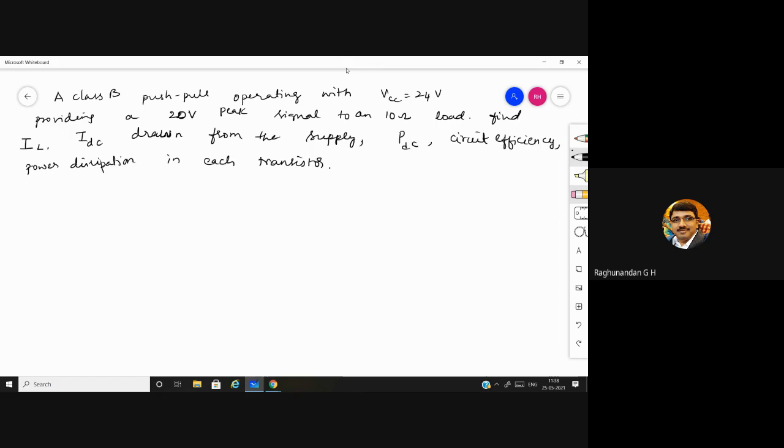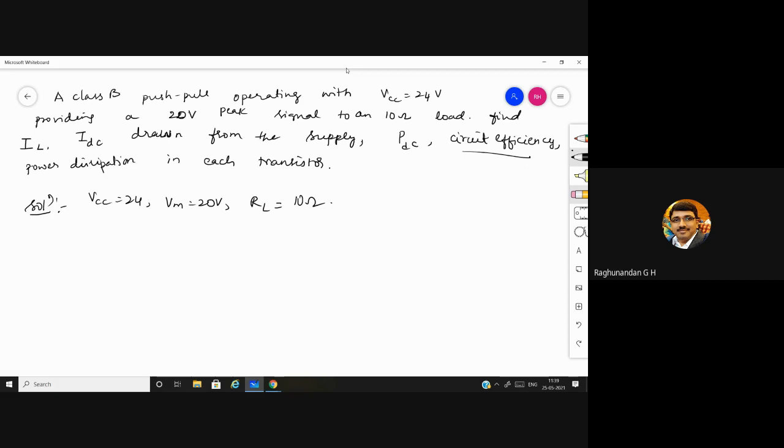See, circuit efficiency or power efficiency are the same, both are the same. Just to confuse you, they'll say circuit efficiency. So everything is clear in this case. They have given all the things. VCC is given, it is 24, and Vm is given, it is 20 volt, and RL is given, that is equal to 10 ohm. So first thing is to find the load current.